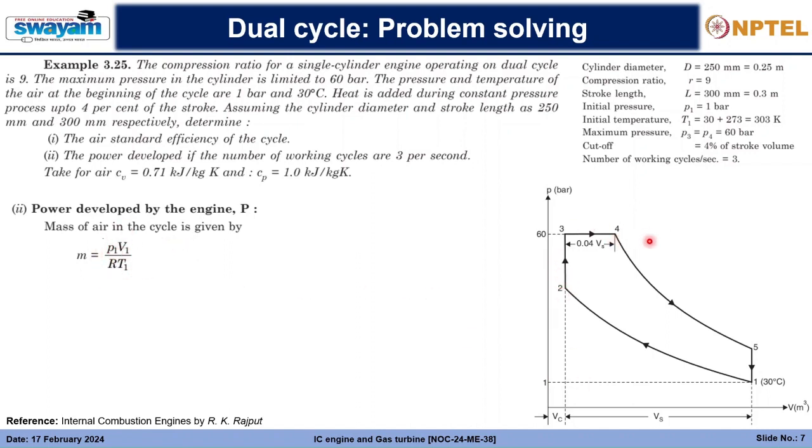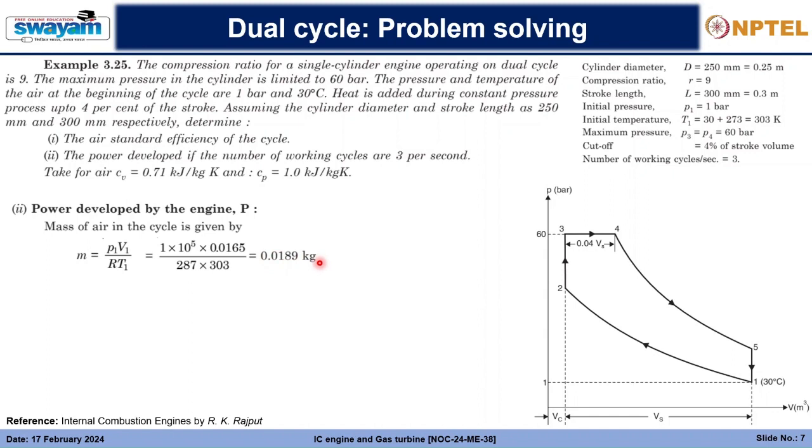So at any point, if you just calculate based on the ideal gas law, then you will find the value of the mass of air. So for point 1, we calculate P1 V1 by R T1, and we will find the mass of air in the cycle is 0.189 kg.